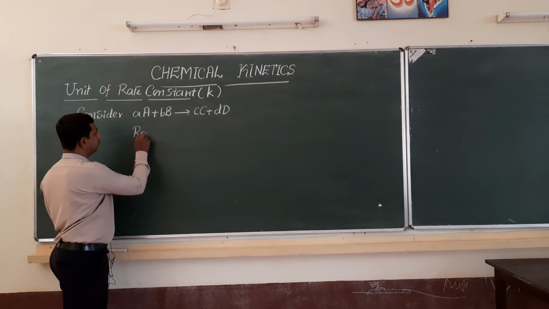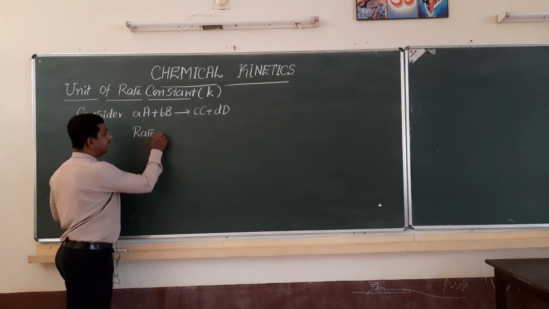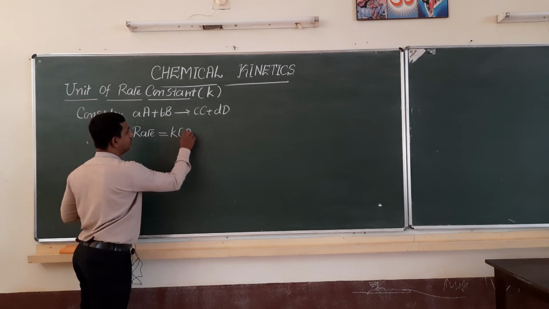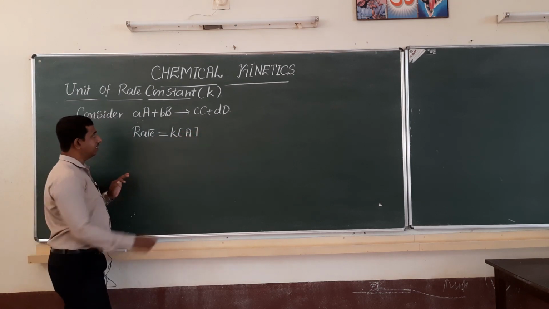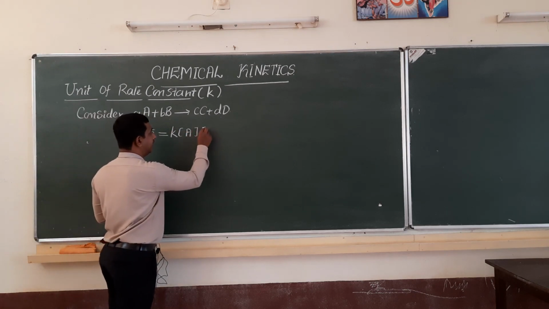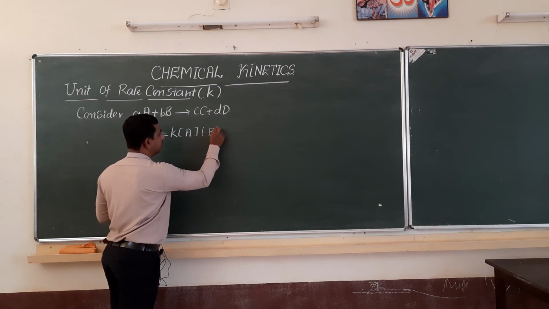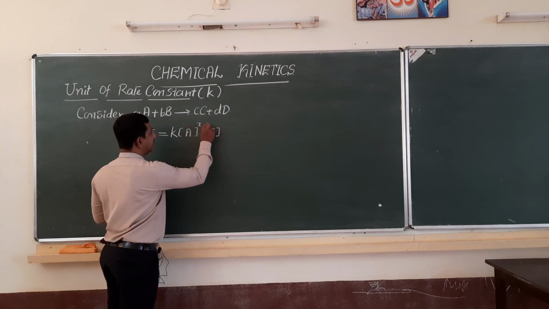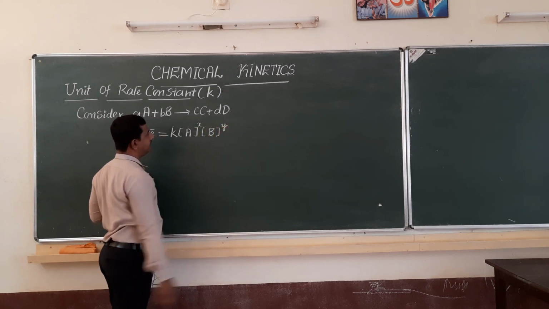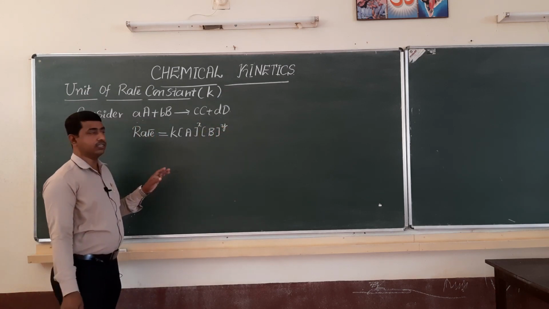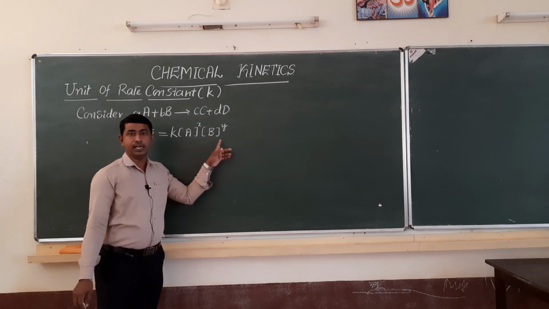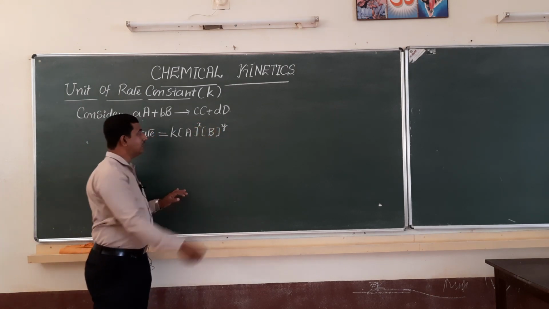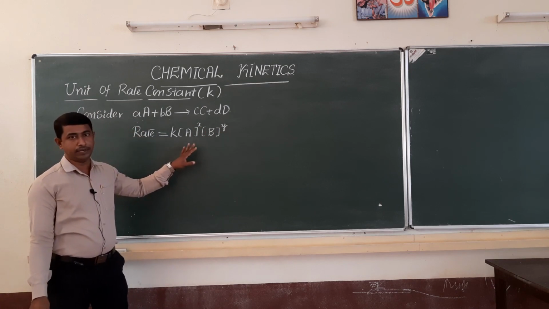Rate is equal to K into the concentration of reactant A into the concentration of reactant B, with their powers as X and Y. They are the orders with respect to reactant A and reactant B. We don't know the values of X and Y because they are obtained from the experimental data.